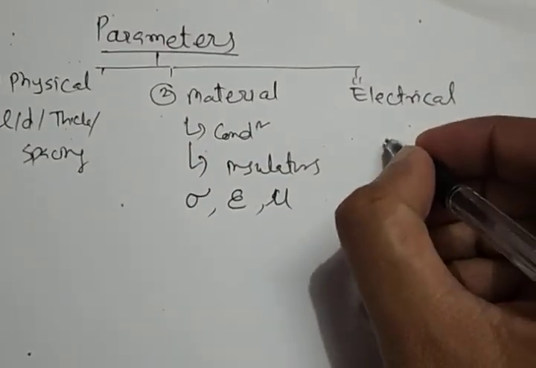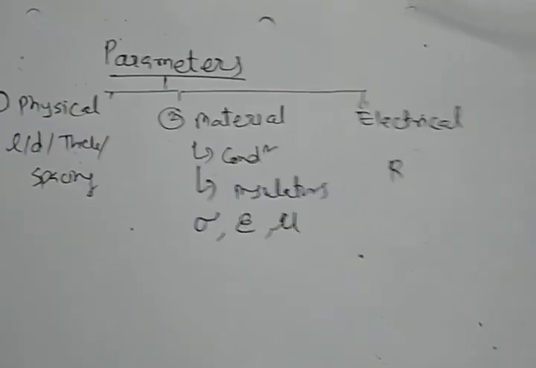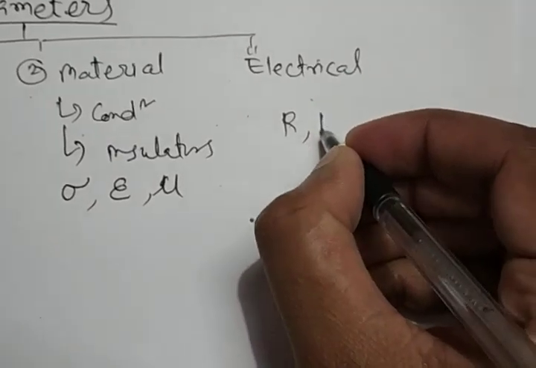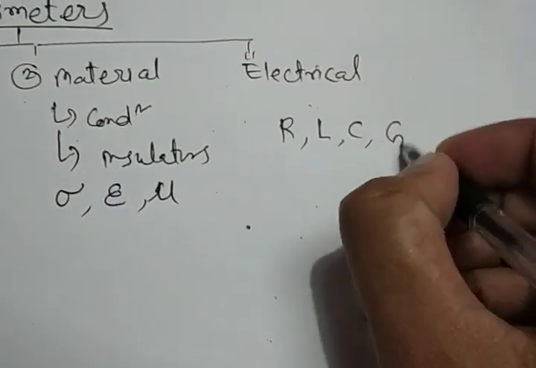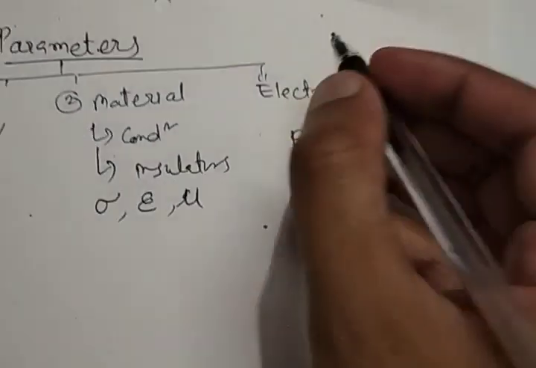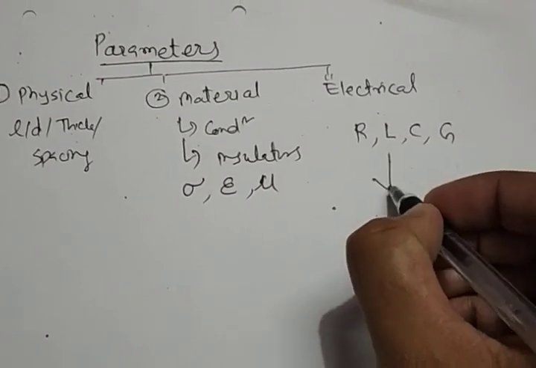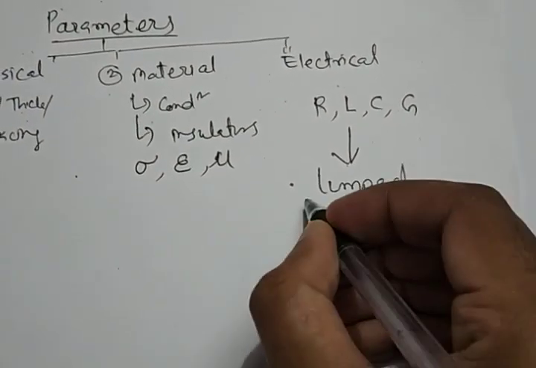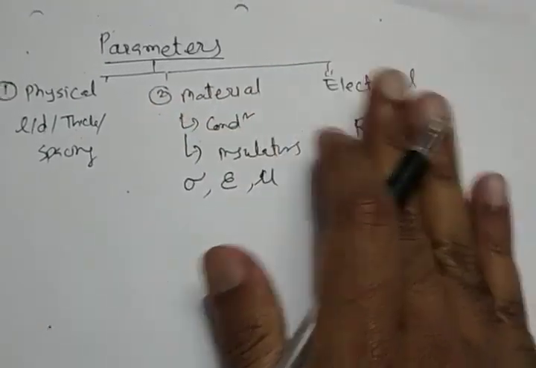Then along with that we have electrical parameters. Right now we have discussed that we may have resistance, inductance, capacitance and conductance for the whole line. And one more thing we have discussed is that it will not be a lumped value. We will not consider it for the entire line.